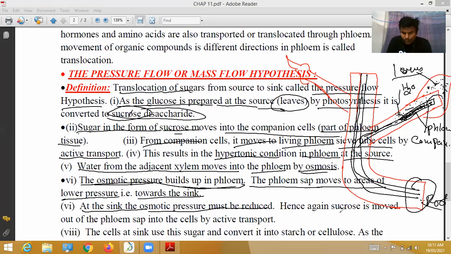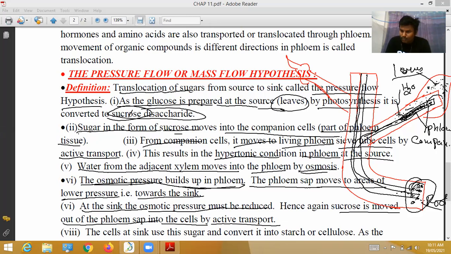Hence, sucrose is moved out of the sap into the cells by active transport. The sucrose moves out of the phloem to the storage cells, using ATP energy.